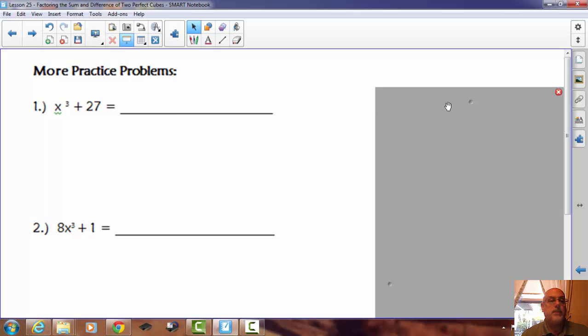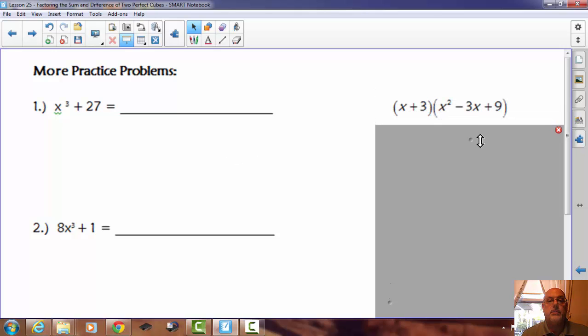So now we have x plus 3, and follow along with the SOFAS above. Square the first term, opposite sign, front times back, 3 times x, always plus, square the last term. If you multiply this back, you'll get x cubed plus 27.